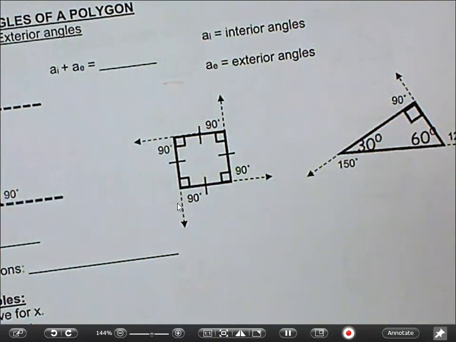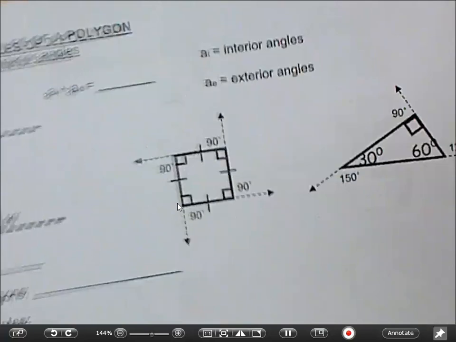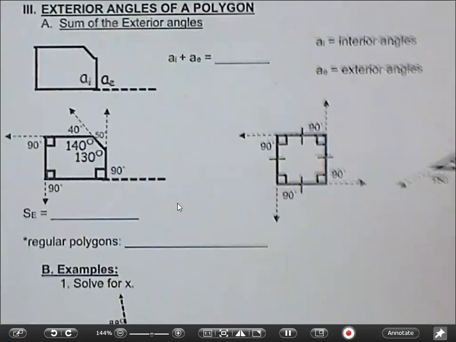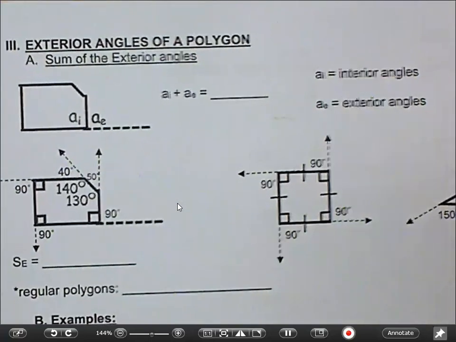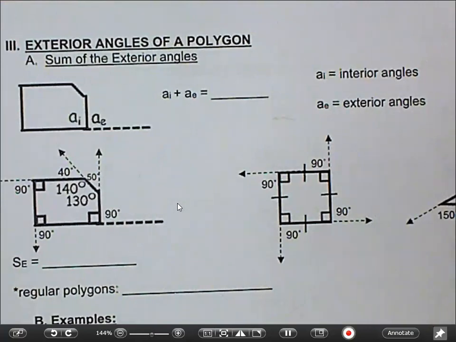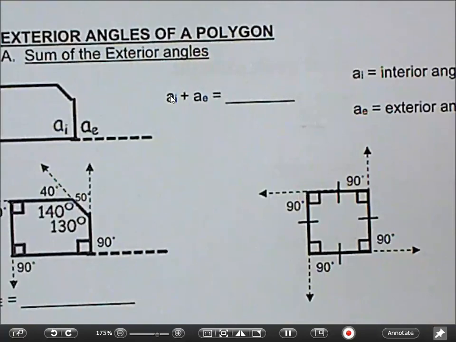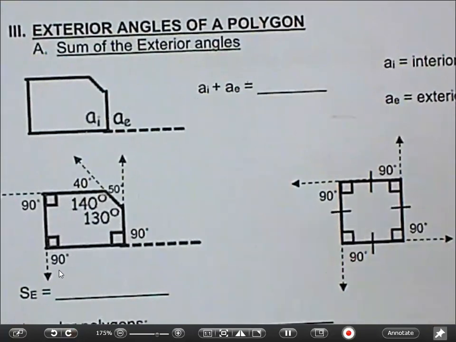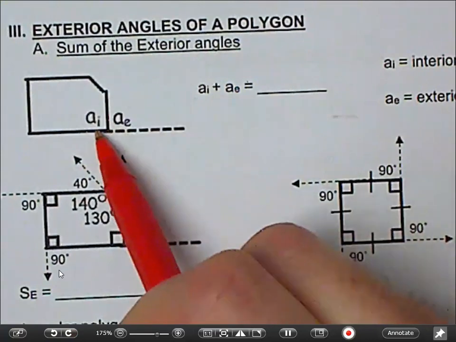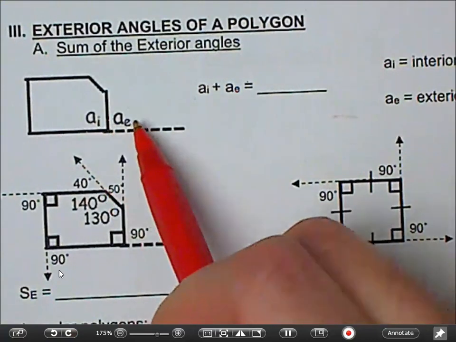Okay, let's start with, I don't want to say a basic thing, because that's going to imply that it's totally easy and obvious, which it's not always the case. But let me just point out what some of this stuff stands for. It does say off to the side, but the little i means interior and the little e means exterior.